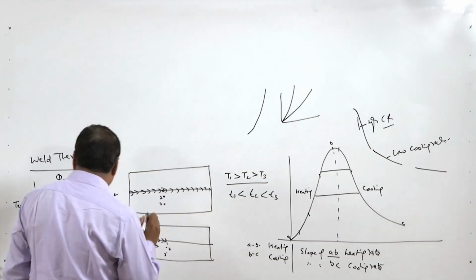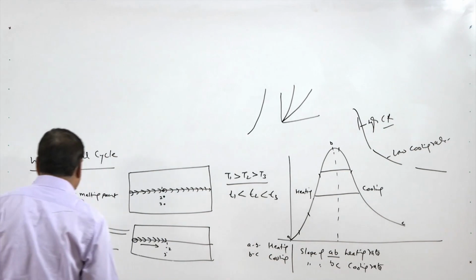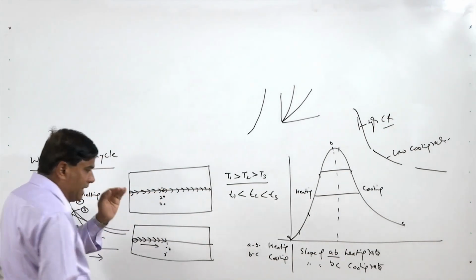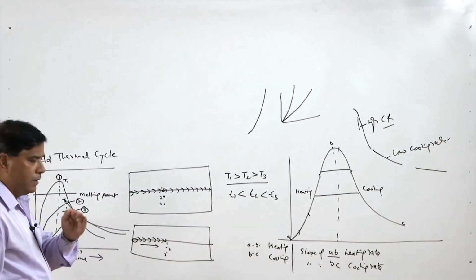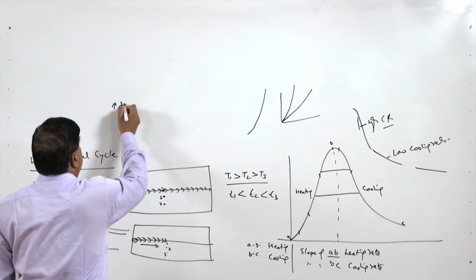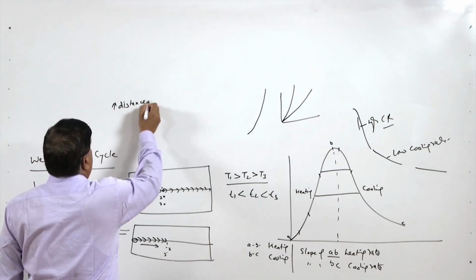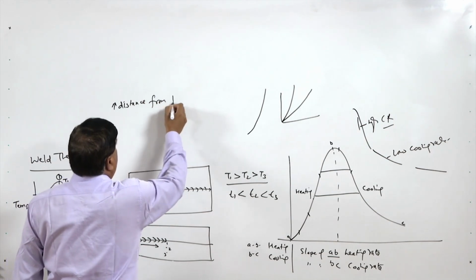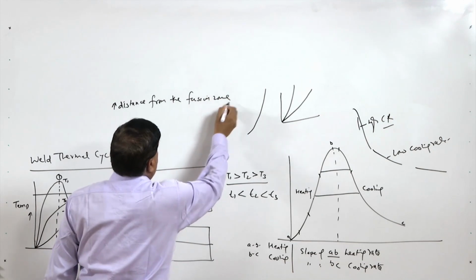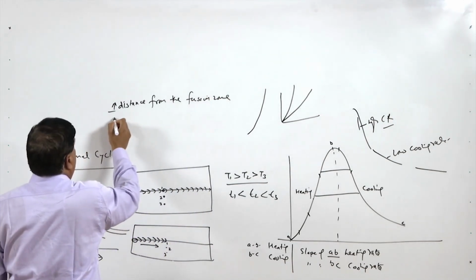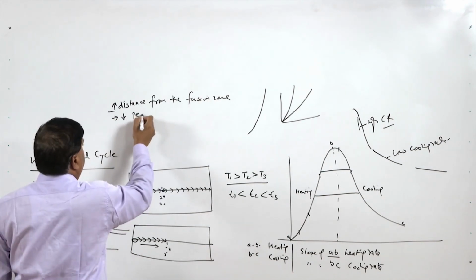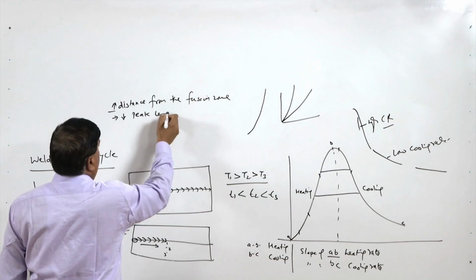Conversely, what we can say from this is that as the distance of the point from the weld center line increases, the increase in distance from the fusion zone basically decreases the peak temperature. This is one.